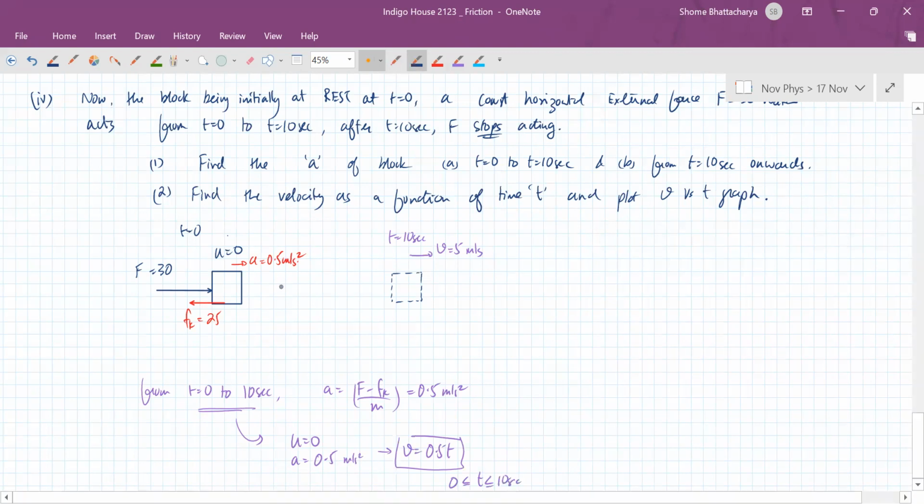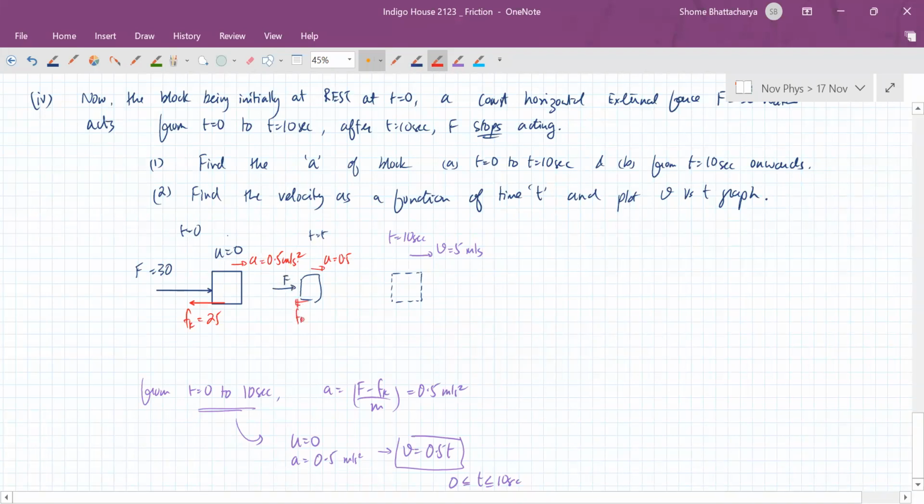Anytime in between, you can see that we continue to have that acceleration of 0.5, because both the forces are continuously acting.